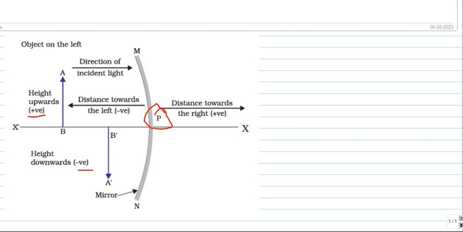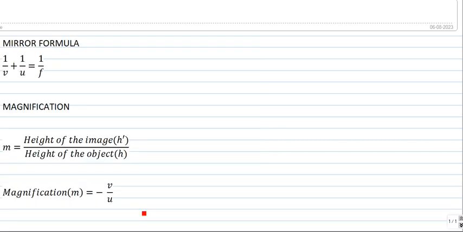The next one we will see is again a very important formula which we will be using in the sums. The first one is the mirror formula. This mirror formula is going to relate three things: v, u and f.